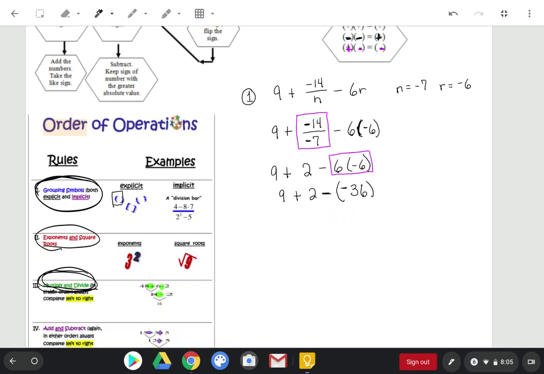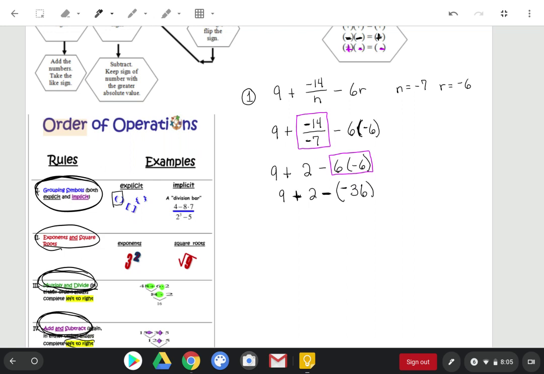So we're going to go to the next and last step of order of operations or GEMDAS, which is addition or subtraction. And if you notice in this problem, we have both addition and subtraction. So how do we know what to do first?